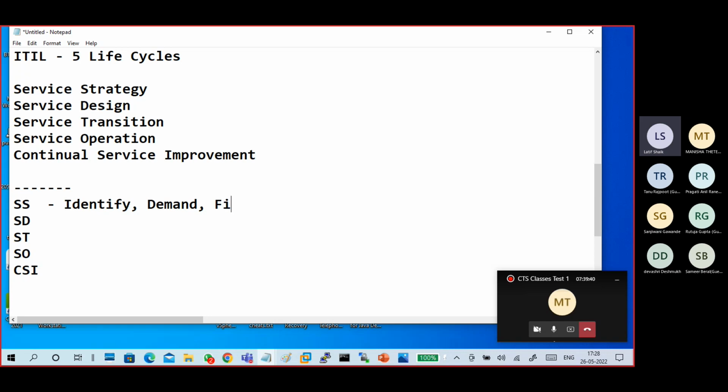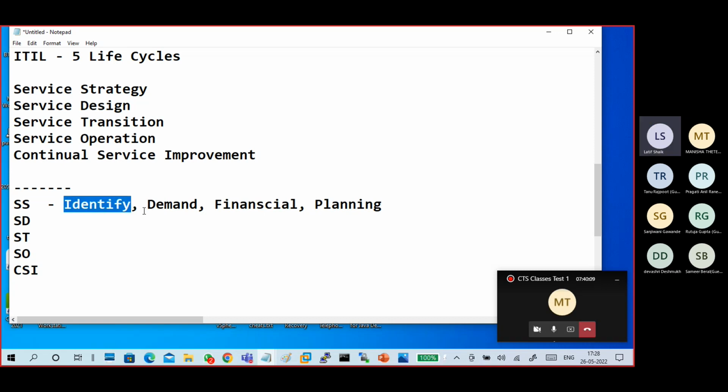Demand, financial situation, money management. Okay, these are very important. And the most important is planning.